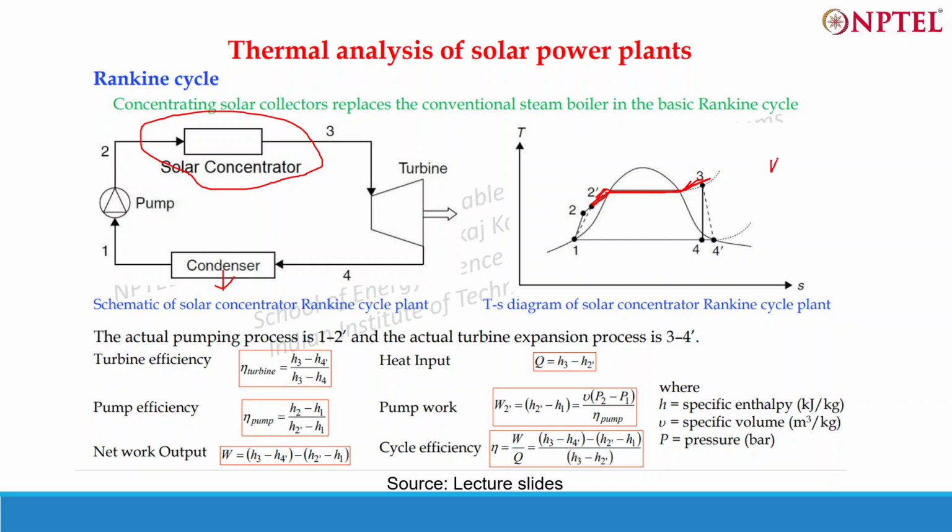So the work extracted is basically H4 minus H3, where H is enthalpy. But the problem is that there are some irreversibilities in the system itself, so we are not able to extract the whole work. We are able to extract only H4 dash minus H3 work. Okay.